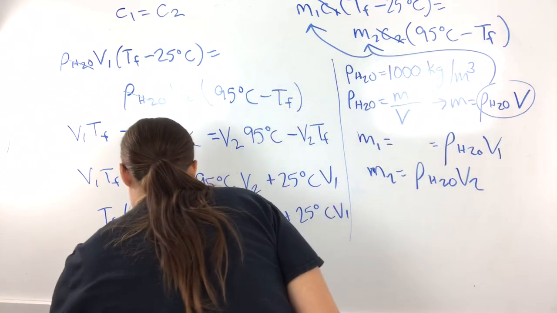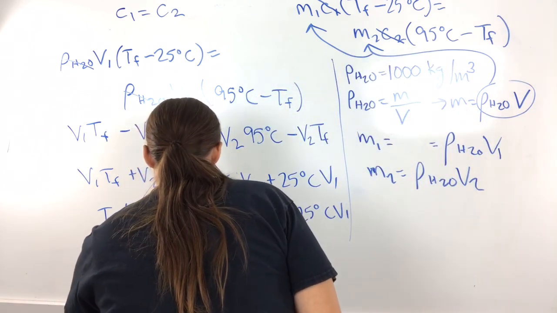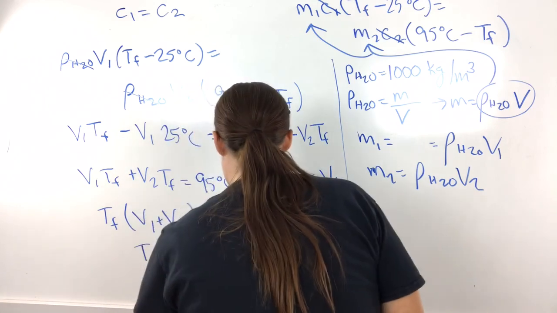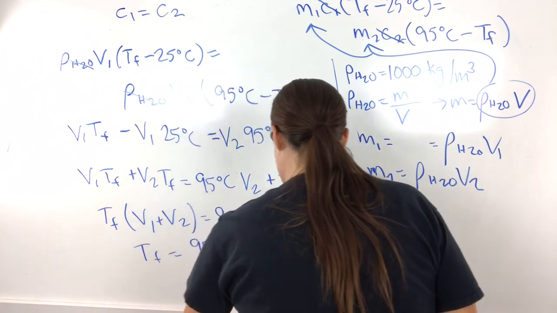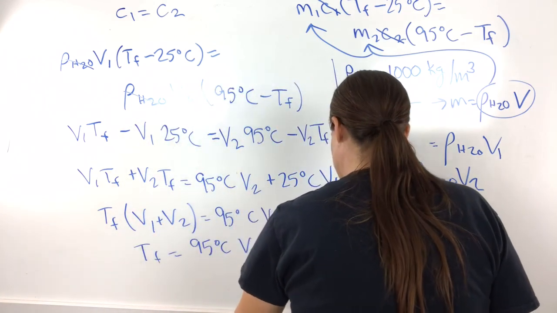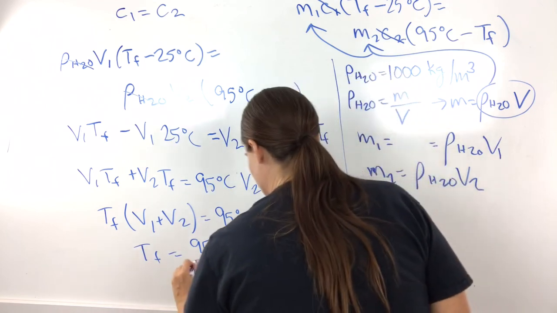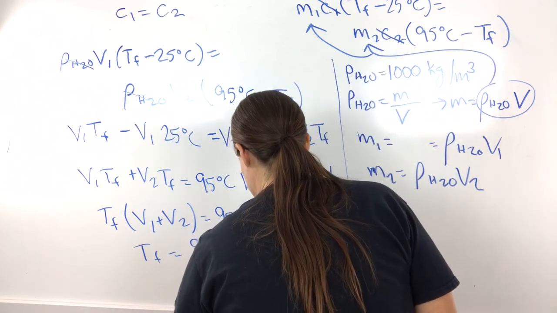So if I do that, I have that temperature final is equal to 95 degrees Celsius multiplied by V2 plus 25 degrees Celsius multiplied by V1, divided by V1 plus V2.